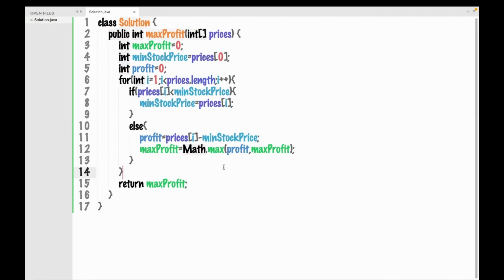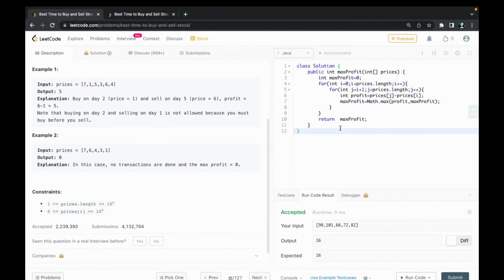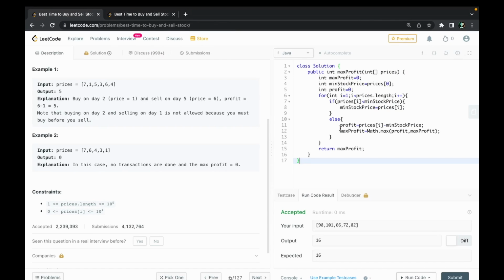Now once we have written our code, let's just copy it to our main platform, that is here. Now let's see if we have done anything wrong. I don't think we have done anything wrong. It should run fine.